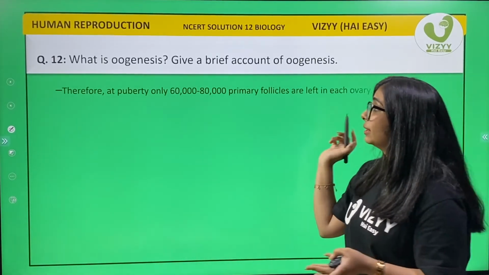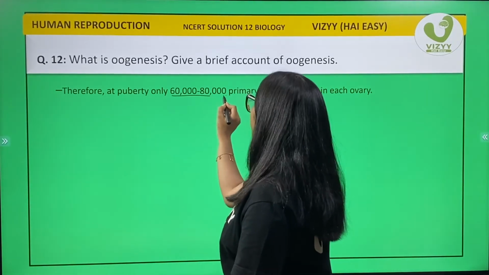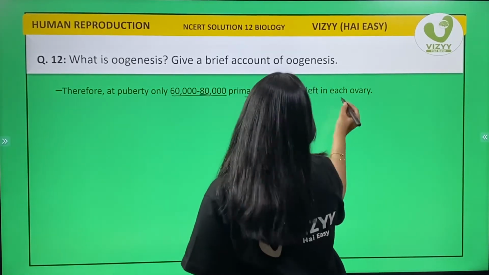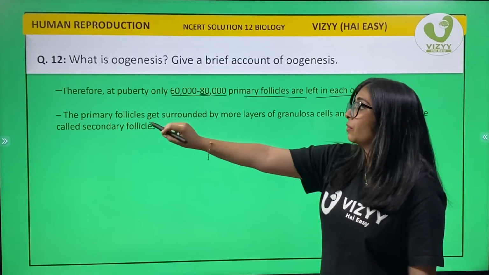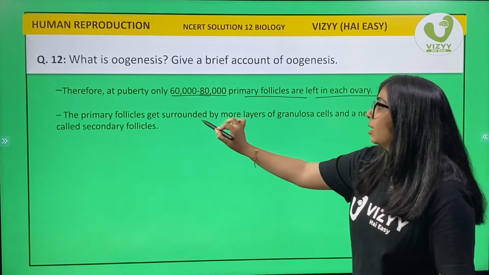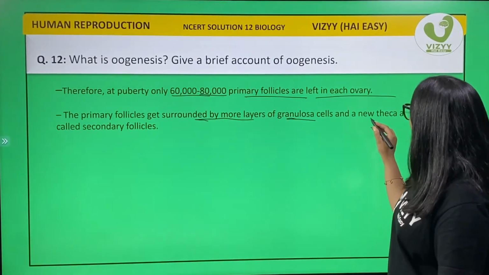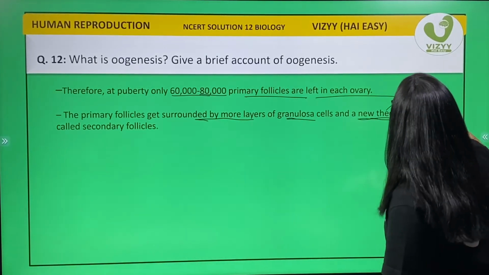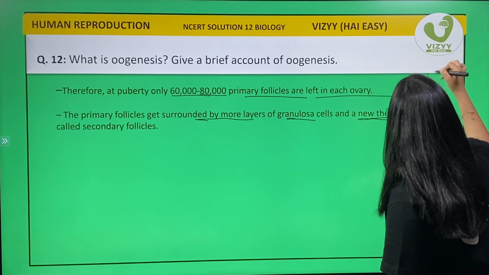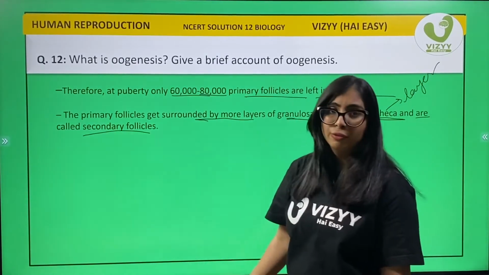Going further, at puberty only 60,000 to 80,000 primary follicles are left in each ovary. The primary follicles get surrounded by more layers of granulosa cells and a new theca. Theca means layer. These are called secondary follicles.